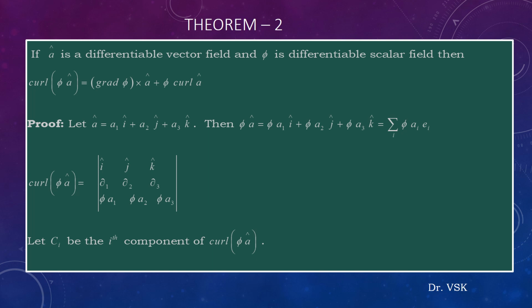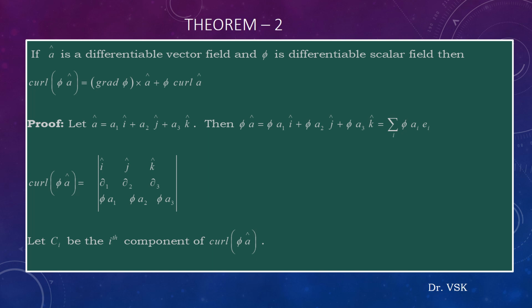Now we need to find out the curl of this vector field phi a cap. The component functions of this vector field phi a cap are phi a1, phi a2 and phi a3.